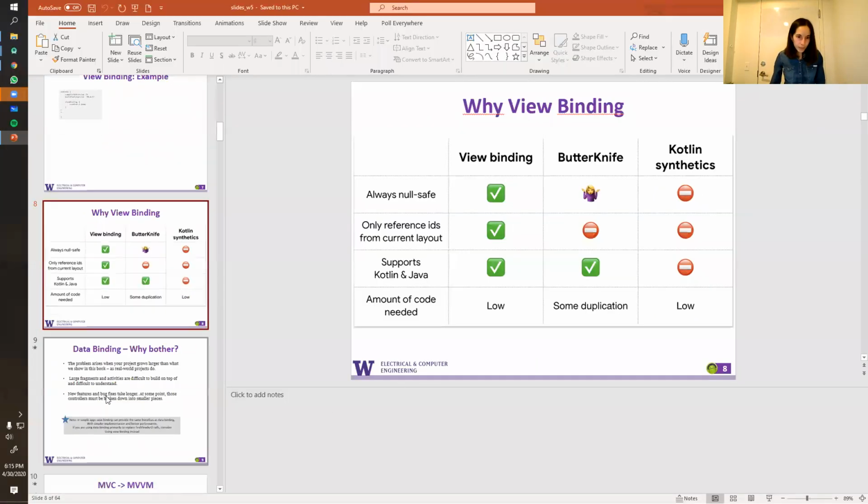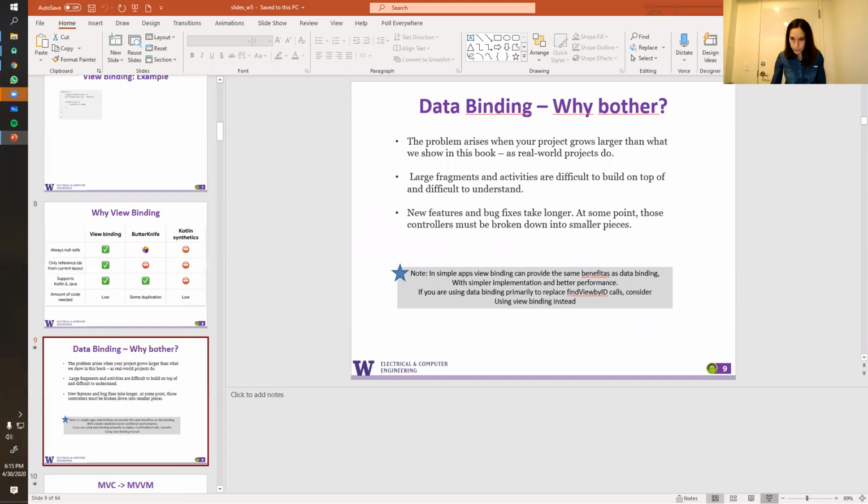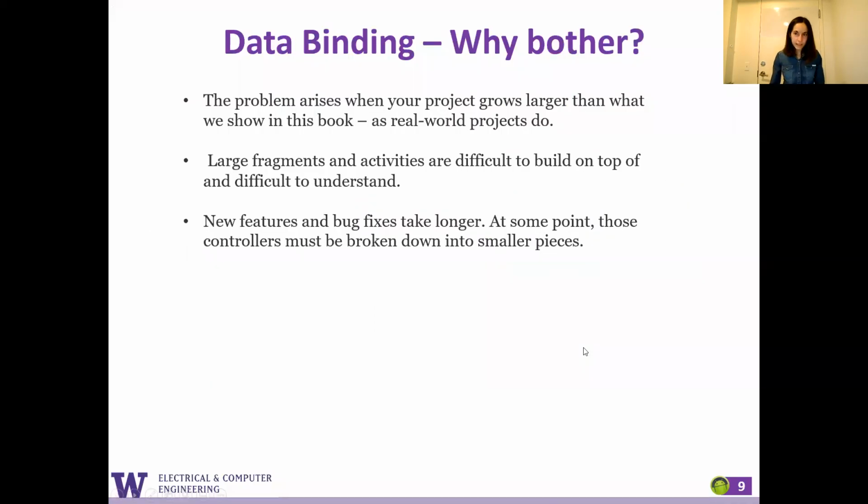And the second part is data binding, which is not the same as view binding. We saw in the second lecture the model view controller: your controller would be your activity, which controls your view, typically your XML file, and then the model that we define as our data class.